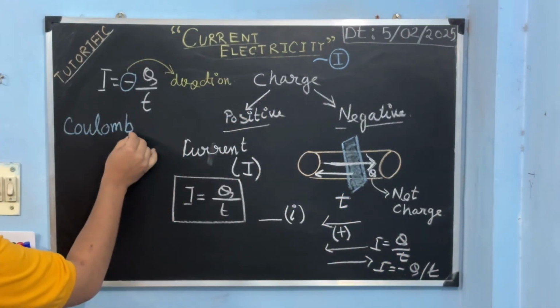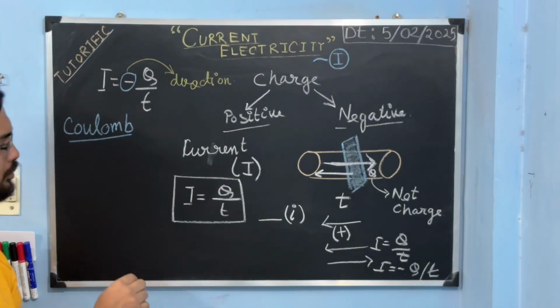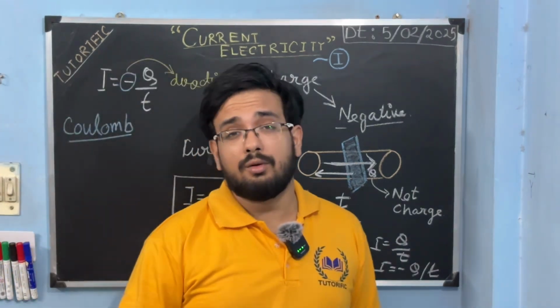Okay. So, what is one, try and understand now. So, what is coulomb? Coulomb is basically the unit of charge. So, we need to quantify 1 coulomb.